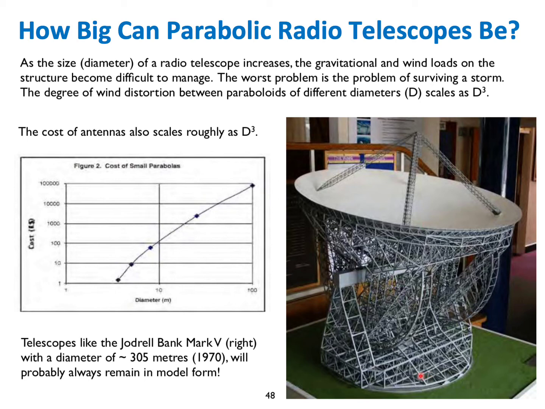So there was a proposed telescope at Jodrell Bank, the Mark V here, which was going to be 305 meters, about the size of Arecibo, but fully steerable. This was actually designed back in 1970. You can see the design here. It's just the cost was unfeasible. You can see there's a lot of metal here.